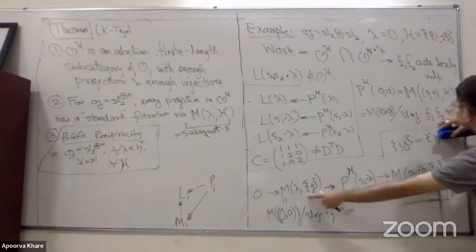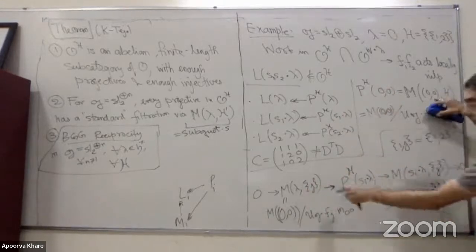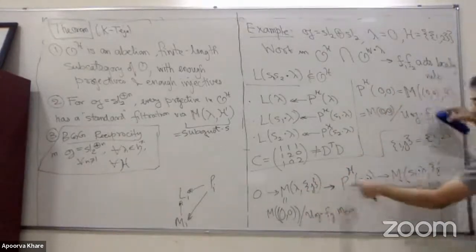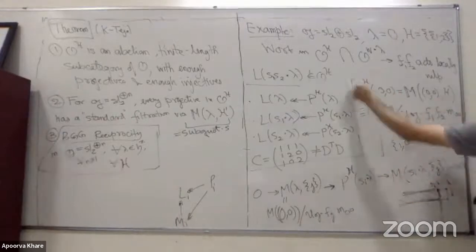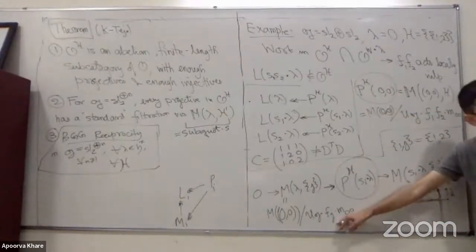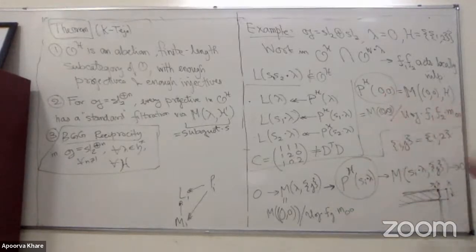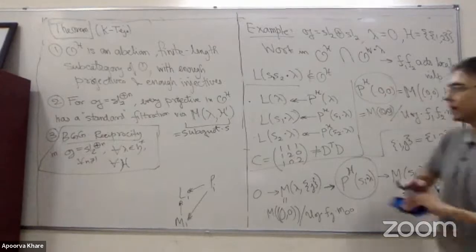That's why different standard objects with the same highest weight, 0, 0, occur in the standard filtrations for different highest weights. This one has this standard object with highest weight 0 occurring, and this one has the other.